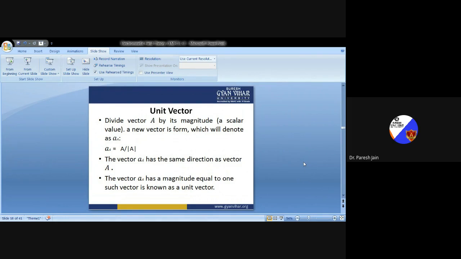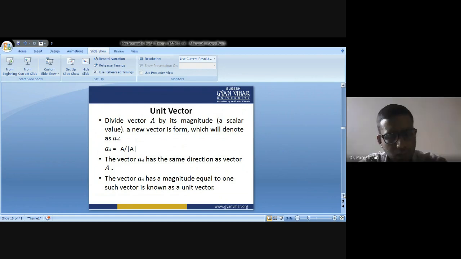This new vector has the same direction as the vector a, and it has a magnitude equal to one. Such a vector is known as a unit vector.